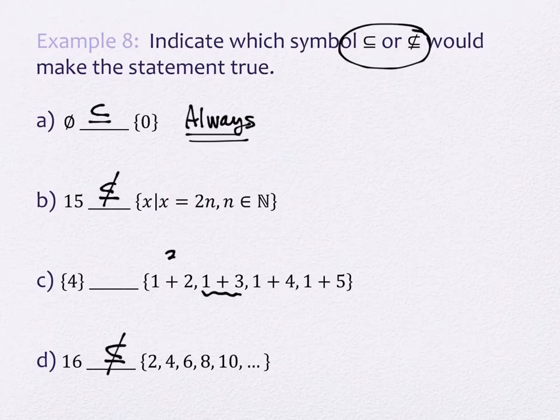You could go, oh, well, that's just 3, and that's just 4, and that's just 5, and that's just 6, and you could just write them out. But what you're looking for is you're looking for the number 4 here that's a set, because it's in the curly braces, to be an element inside of the set on the right as well. So that everything inside the set on the left, which is just the number 4, is also in the set on the right. And since that does work, this one is also a subset.